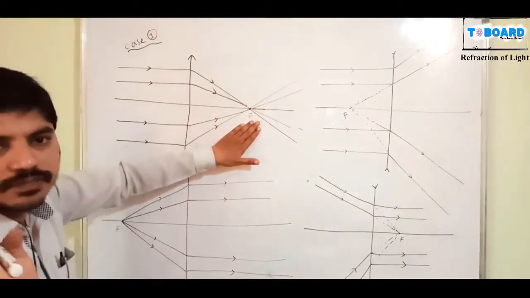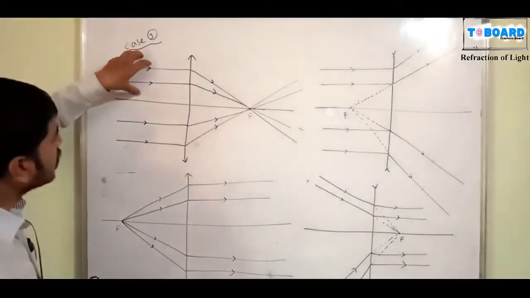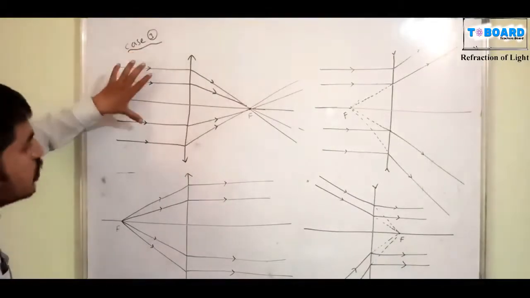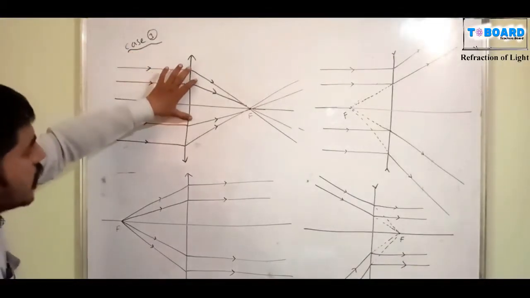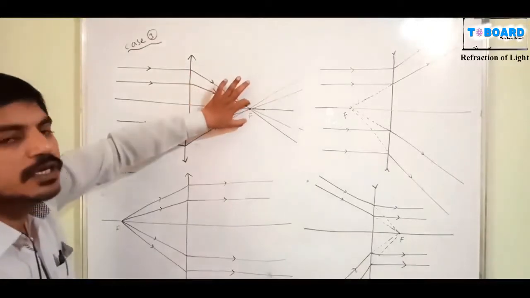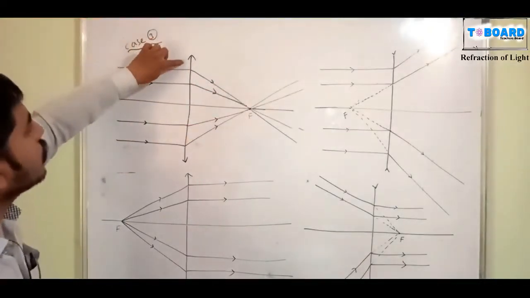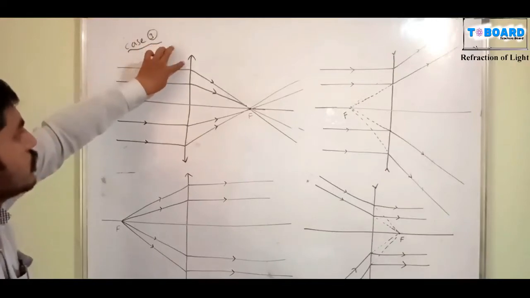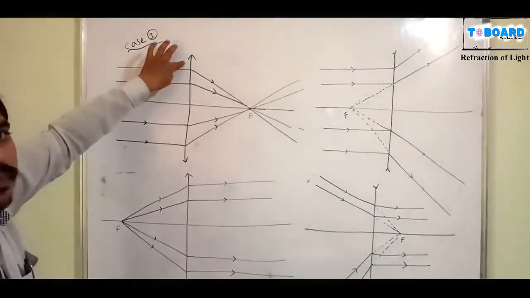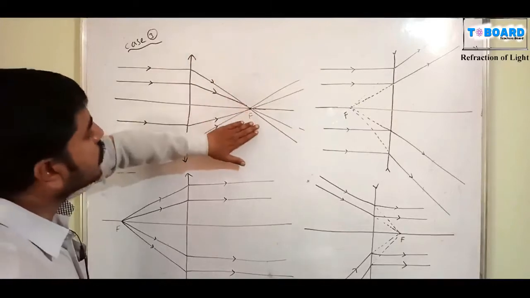This is a condition. So if any rays are coming from infinity parallel to the principal axis, after refraction the rays will meet on a focal point.